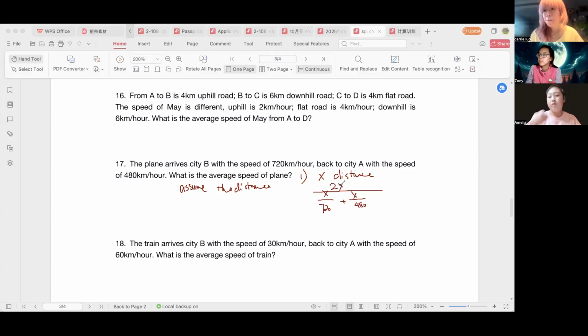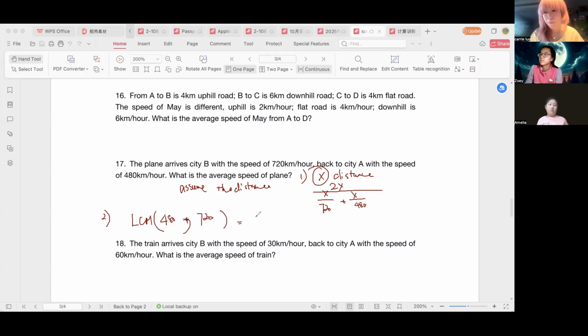Okay, yes, you can do it, but it takes a lot of time because that's a big number fraction. Or we can do another one. Because x is just an assumption, can we just find the lowest common multiple of 480 and 720?